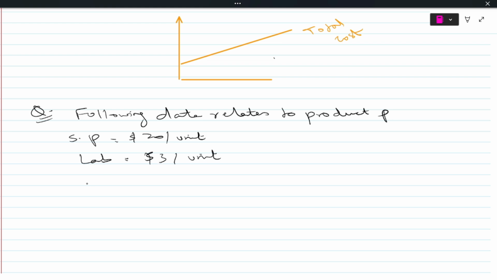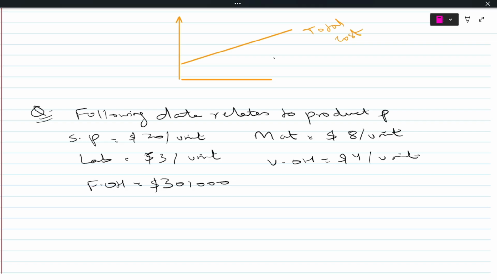You have fixed overhead of $30,000. You have your material of $8 per unit. You have your variable overhead of $4 per unit. And let's say that you have budgeted sales of 10,000 units. So this is the data that is given to us in the question.